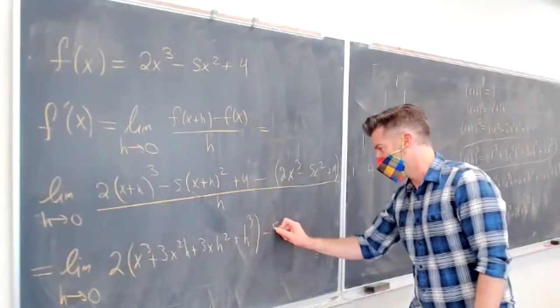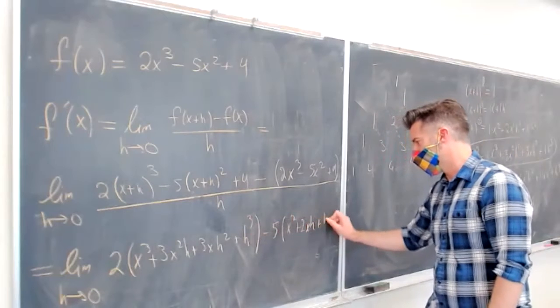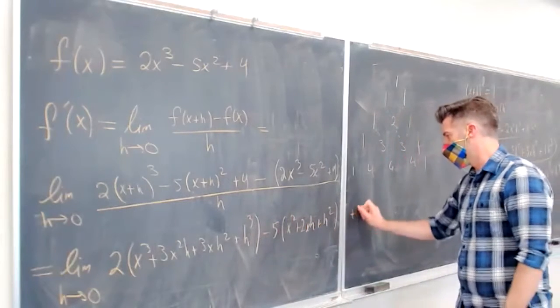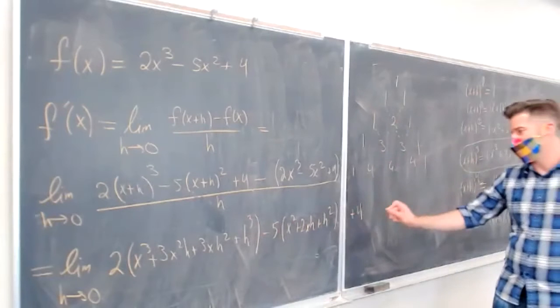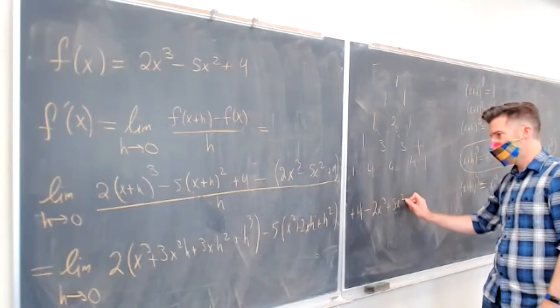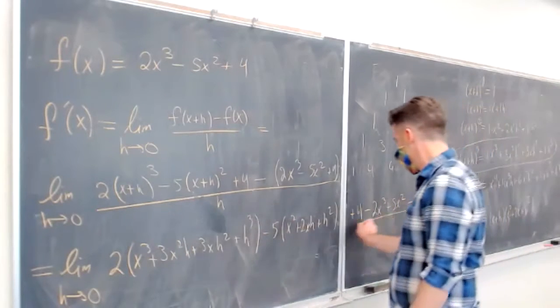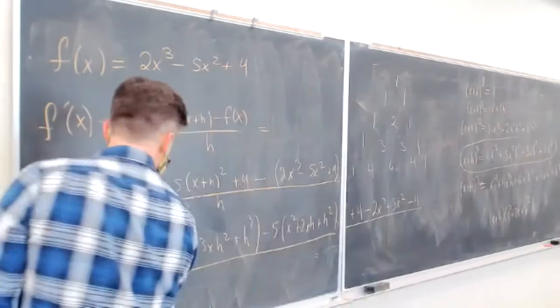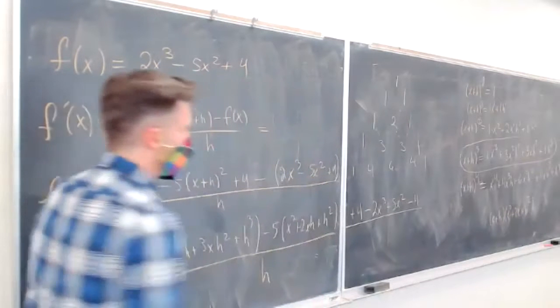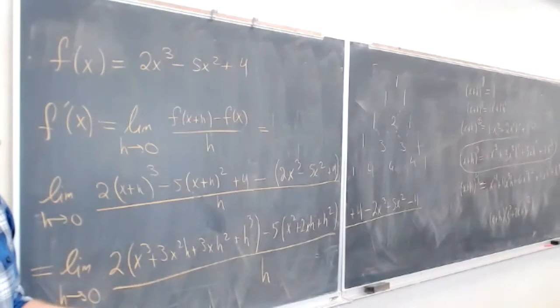So minus 5 times x squared plus 2xh plus h squared plus 4. And then distribute the minus sign. Minus 2x cubed plus 5x squared minus 4. Okay, I know this looks kind of terrible. It is a little terrible.